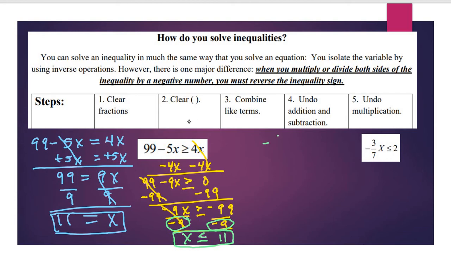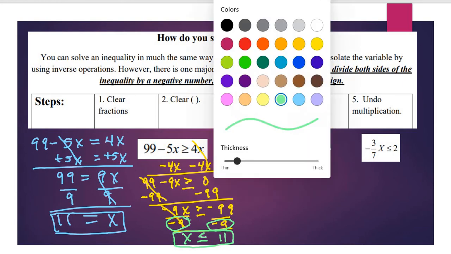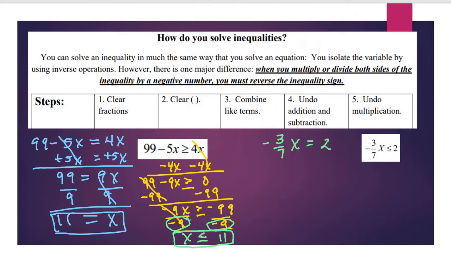Now, if we have a negative 3/7 x equals 2, the first thing I'm going to do is get rid of the denominator. So I'm going to multiply both sides by 7.